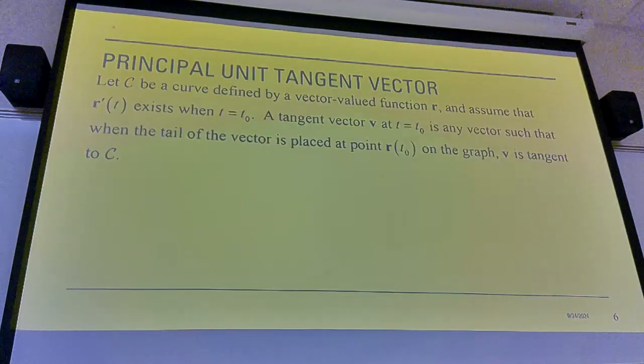If C is a curve defined by the vector function r, and r prime exists at t naught, a tangent vector at t naught is any vector such that when the tail of the vector is placed at r of t naught, v is tangent to C. One such example of a tangent vector is r prime.